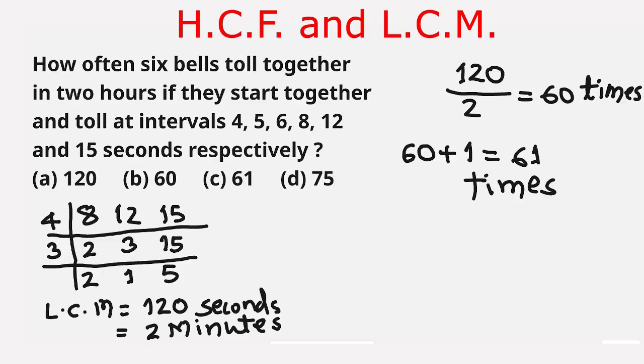And from the given options, our answer is option C, 61 times. This includes the starting time when they toll together. I hope you have understood the method of solving such type of questions. We go to the next question.